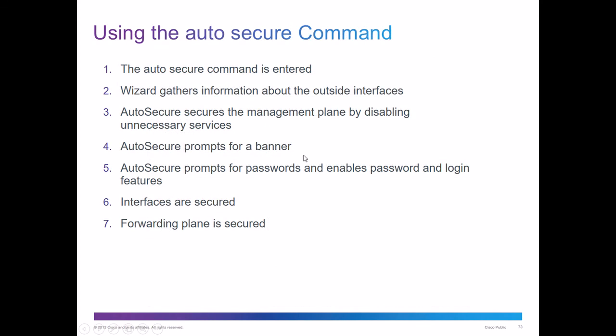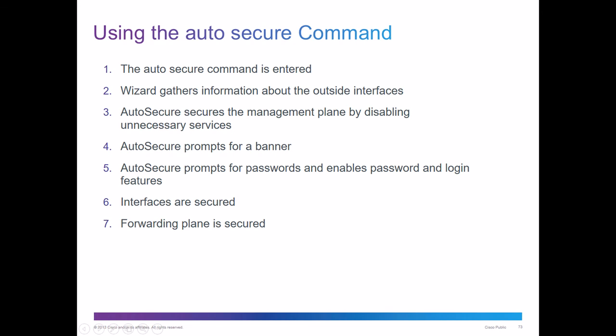Okay, so using the auto secure command, I want you to write these 4 things for auto secure. It gives you all these benefits, let's put it that way. Write these down because I want you to remember that you can always use the auto secure command, and it's powerful.